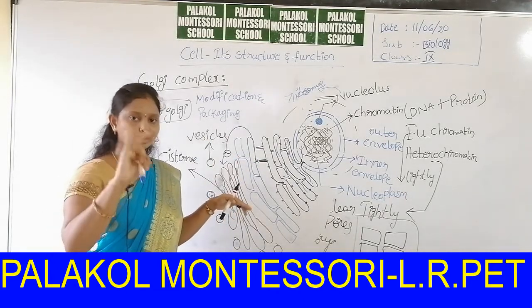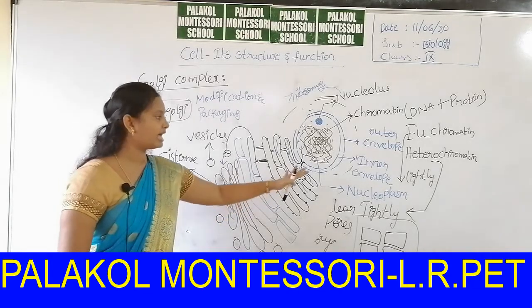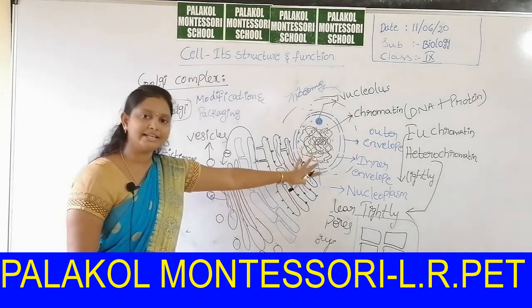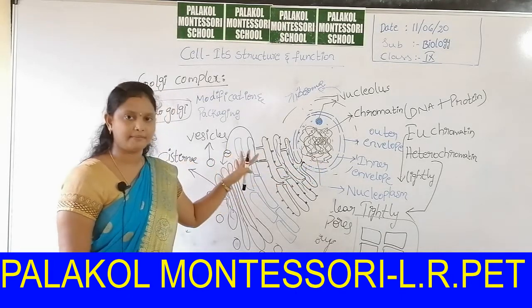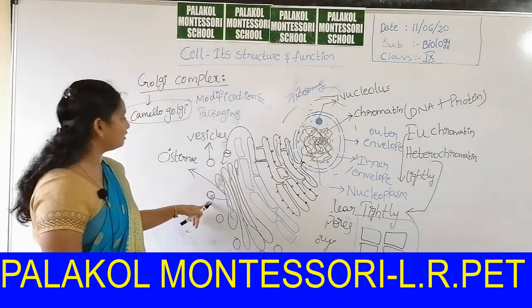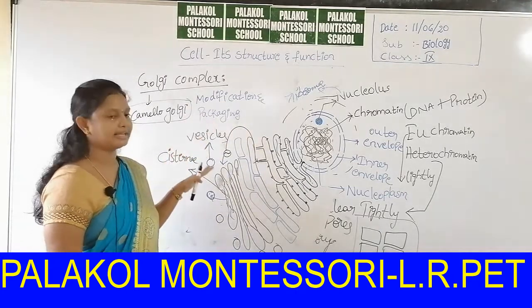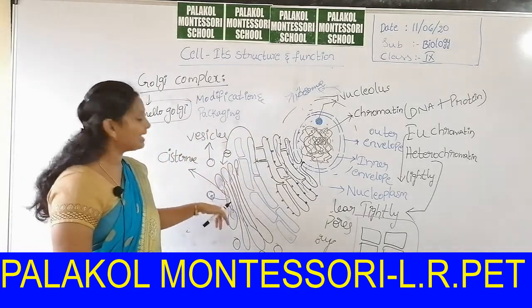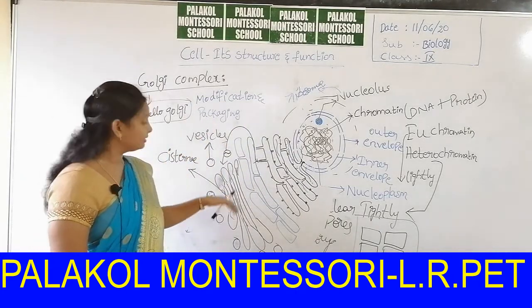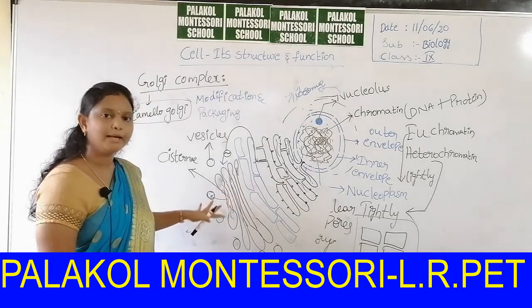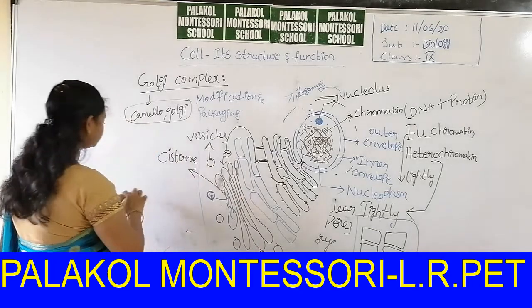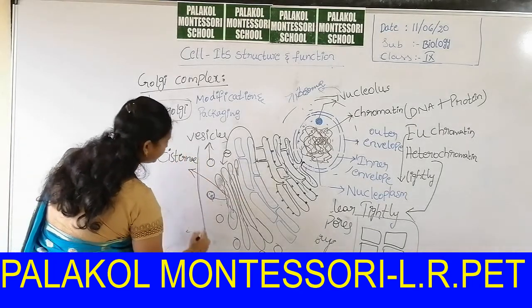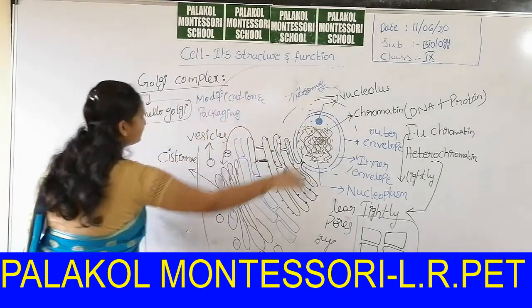I mentioned two points here. Proteins are transported from one region of a cell to another region of the same cell through these transport vehicles, vesicles. And with the help of these vesicles only, the modified, complete proteins are transported through the plasma membrane. This is a complete cell.